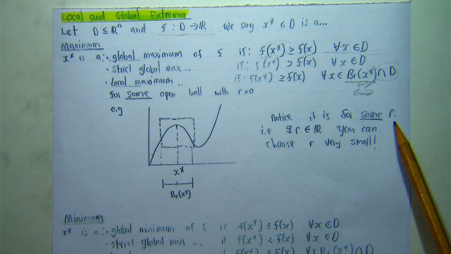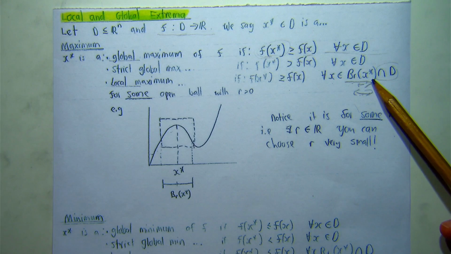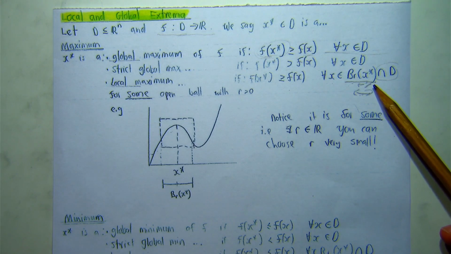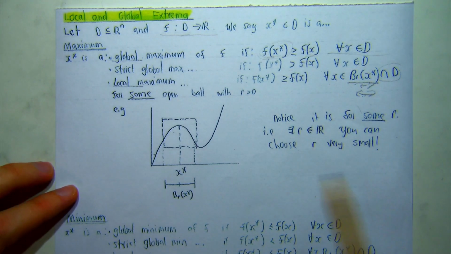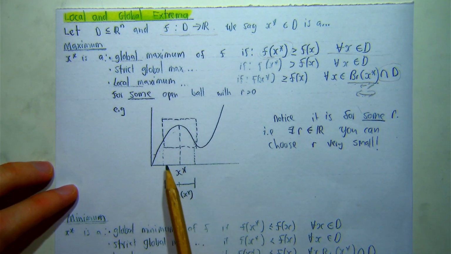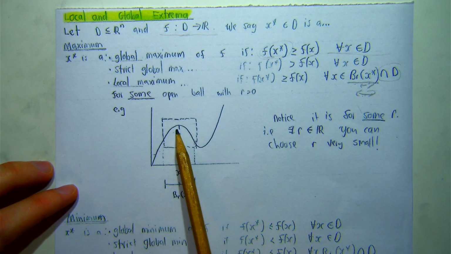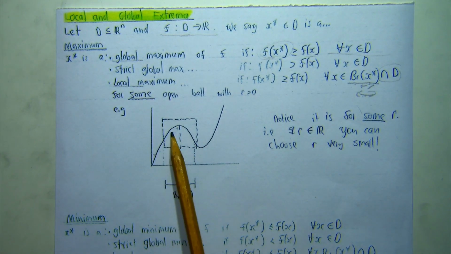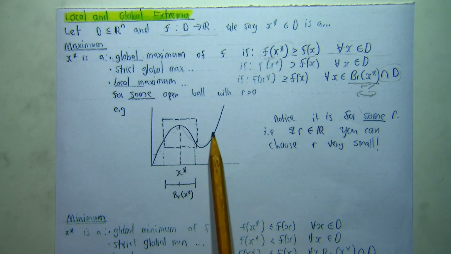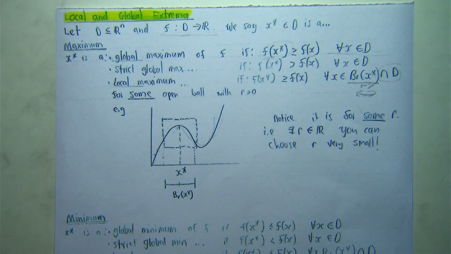And usually the open ball centered at x star has some small radius. The radius can be as big as necessary, so long as for the radius, everything inside of that open ball plugged into the function has a smaller value. So an example of that is that this function here generates a local maximum at this point, and it's not the global maximum because when you keep on going further, eventually you'll rise up above it.